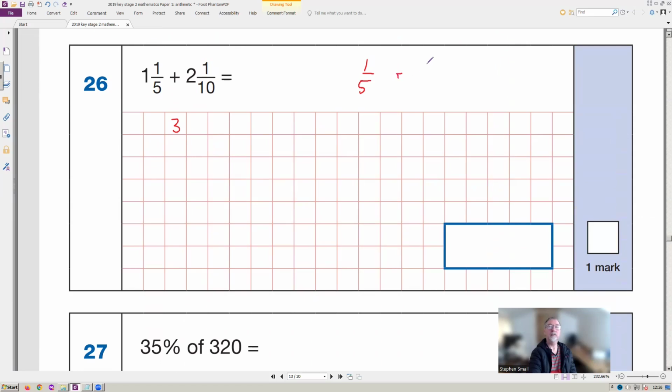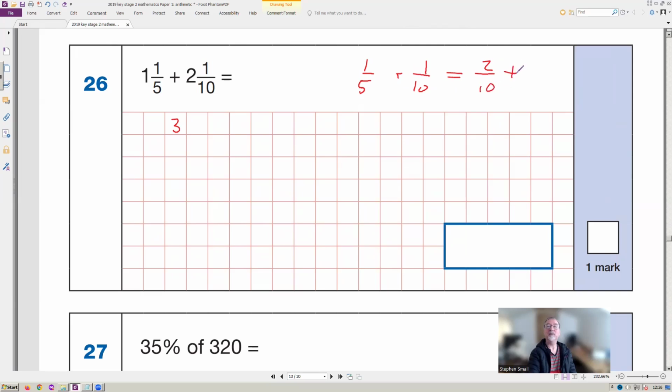Plus 1/10. Now I could do 5 times 10 is 50, and then 50 times 5, whatever. But I can see immediately that if I just multiply this one by 2, bottom and top, I get 2/10, which is the same as 1/5.